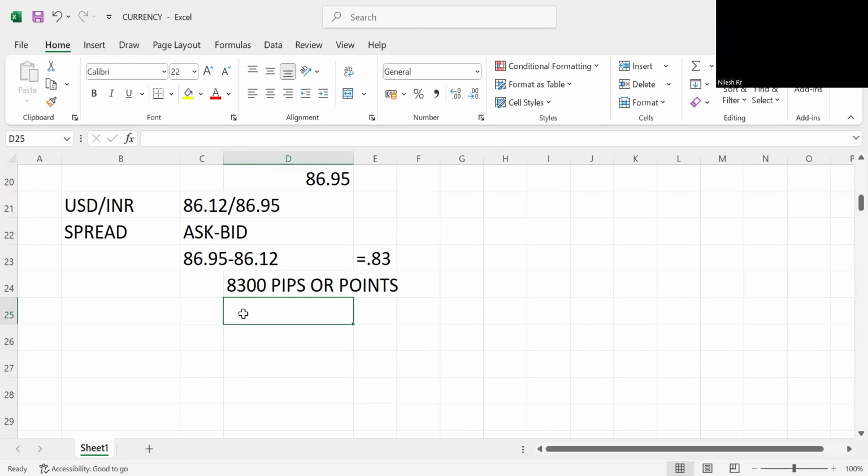At least after the decimal, there have to be 4 digits. So that's why 2 digits are mentioned over here. 83 is the spread. I have included 2 more digits after 83.